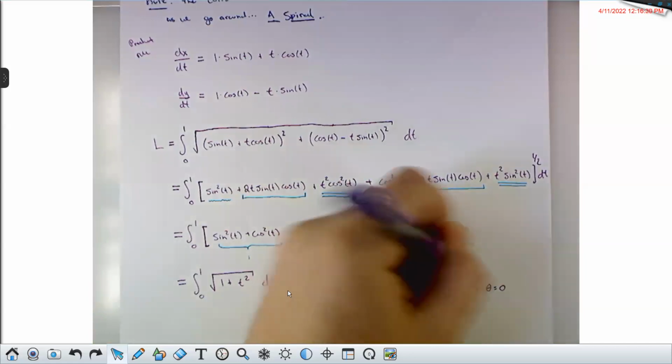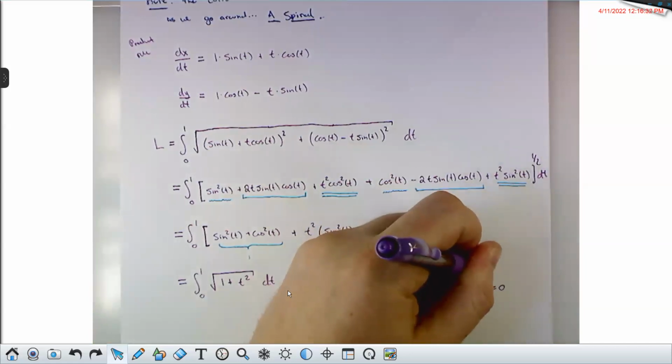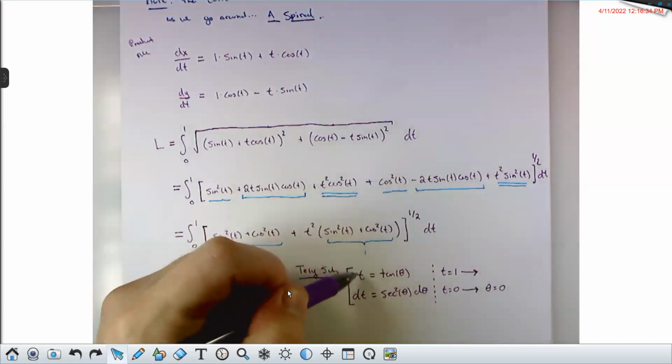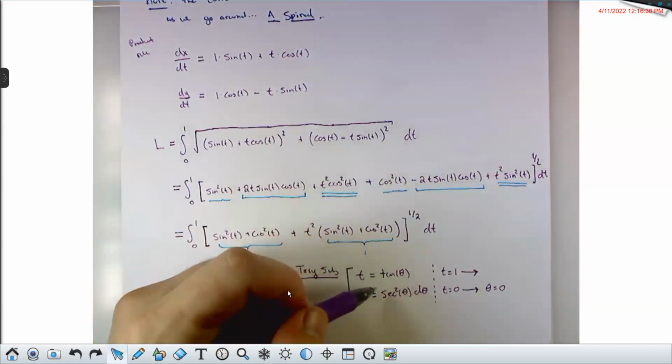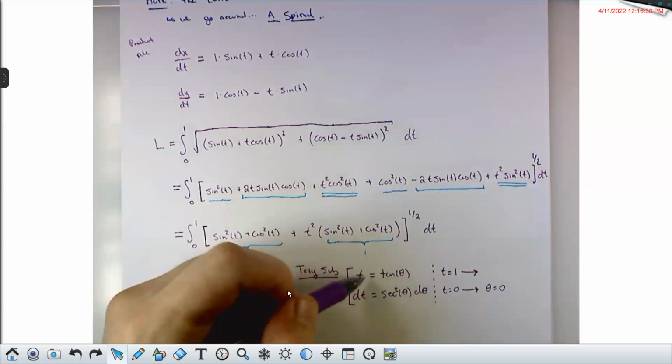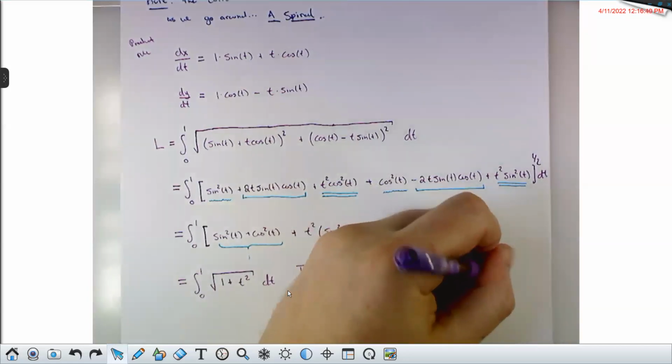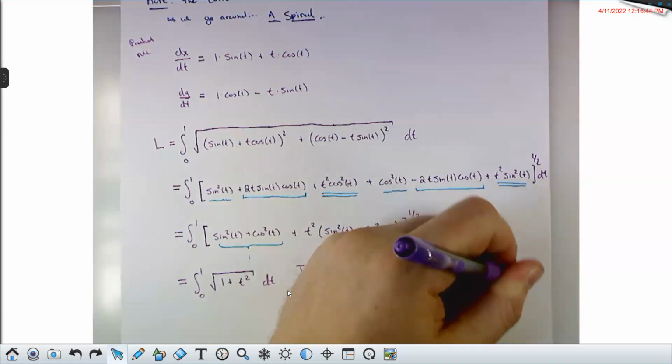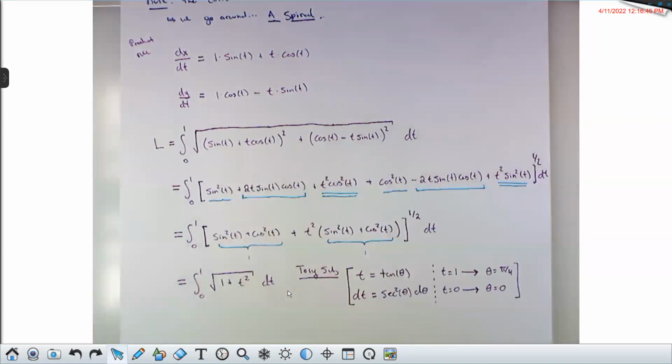When t is equal to 1, plugging 1 in here, you get 1 equals tangent theta. So theta would be the inverse tangent of 1, which is pi over 4. So that is your trig sub.